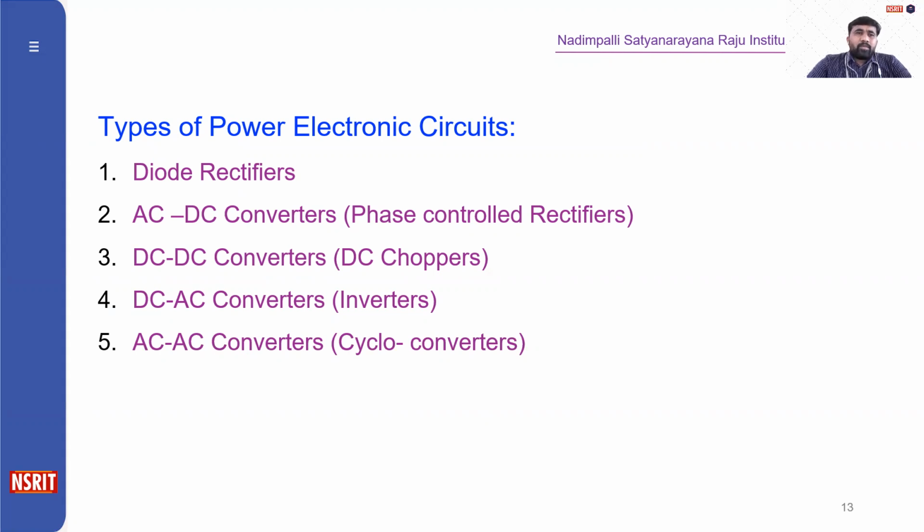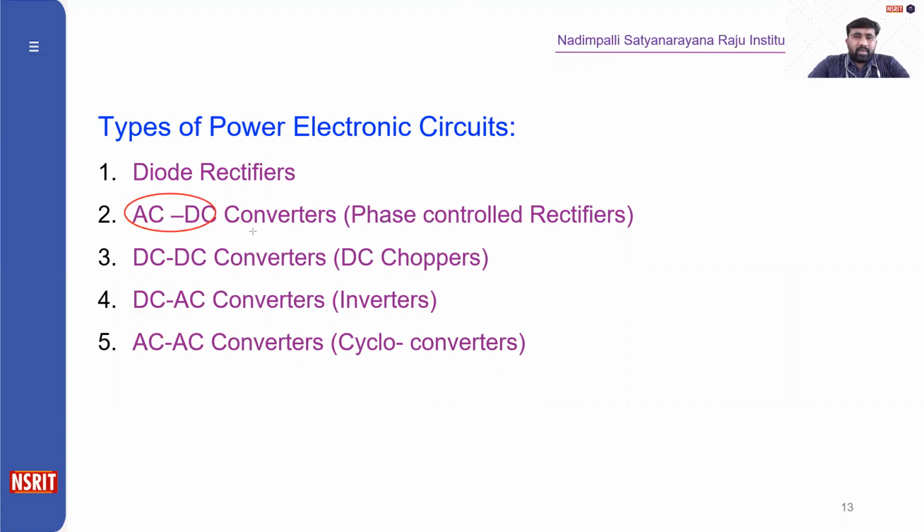So these are the names. If your input is DC and output is AC, then that is called an inverter, which is mostly used in every household. And if your input is AC and output is also AC, then your converter is known as a cycloconverter. Very, very important. So these names you need to remember.